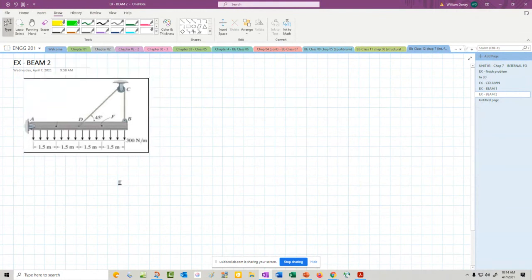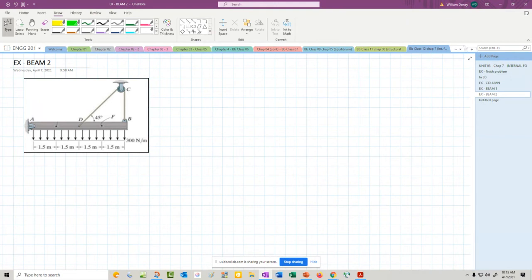All right. Looks way more complicated, doesn't it? Well, it doesn't matter how it looks. Let's just apply the process that we use to solve this.